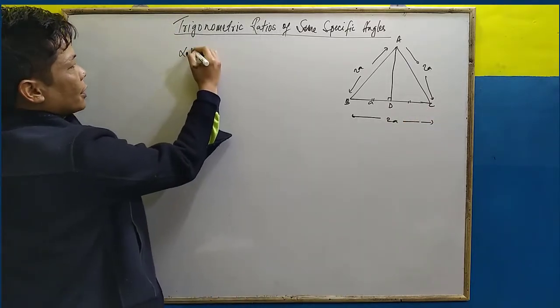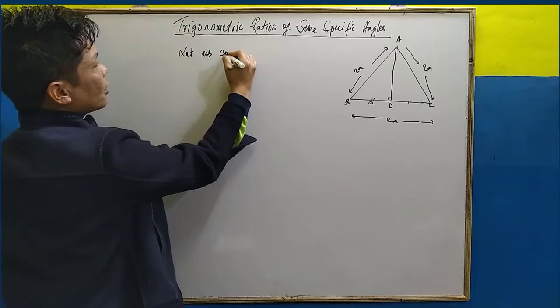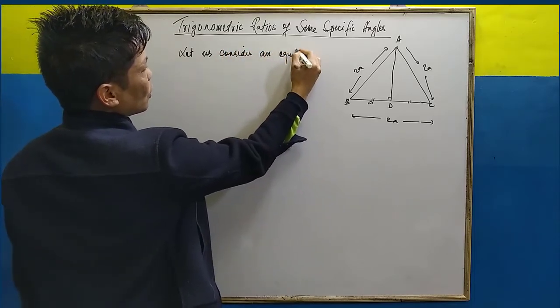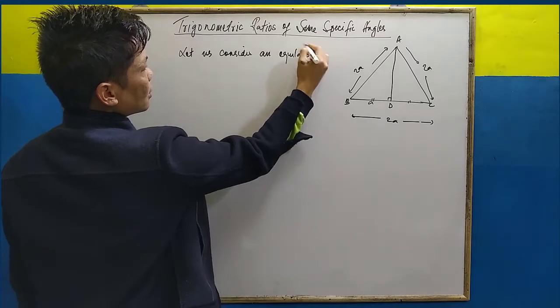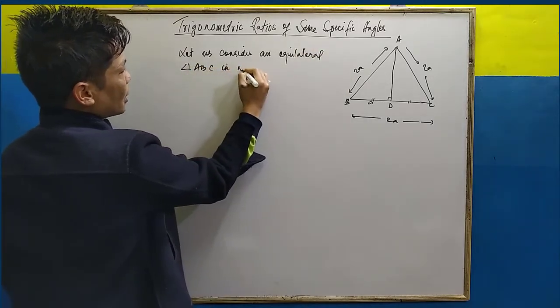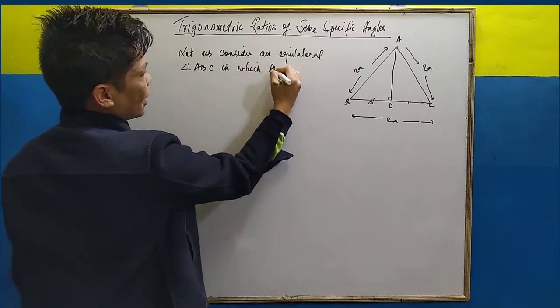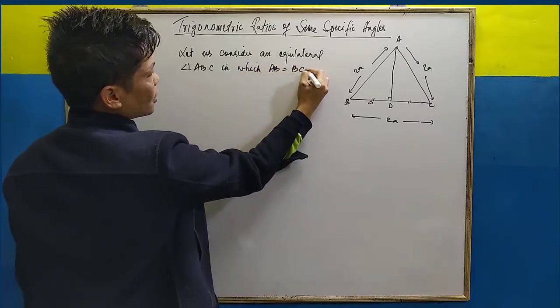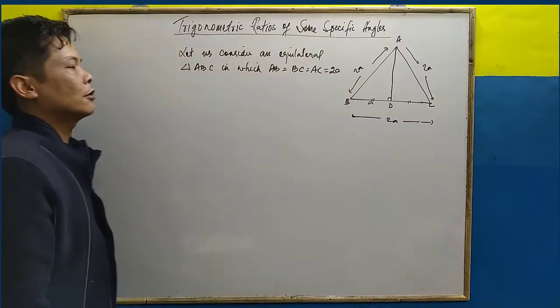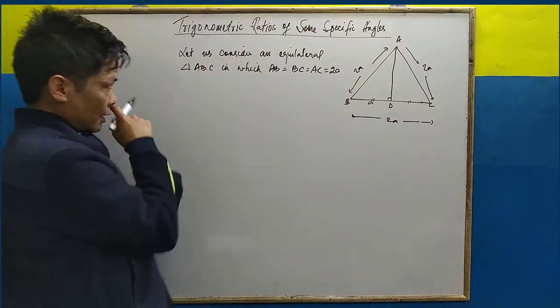So you can write, let us consider an equilateral triangle ABC in which AB is equal to BC equal to AC, which is equal to twice a. The side of this triangle is twice a.